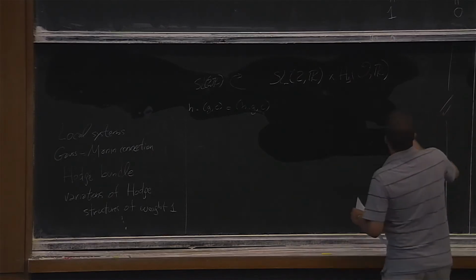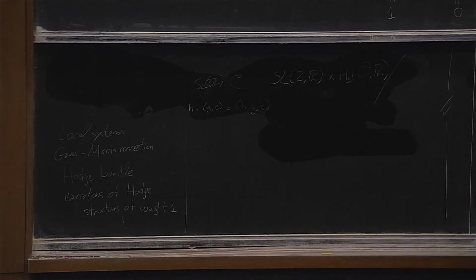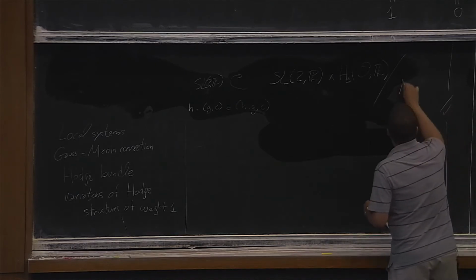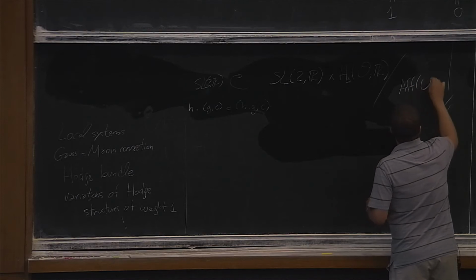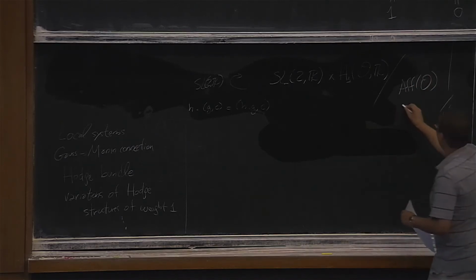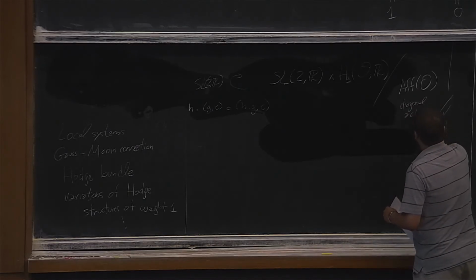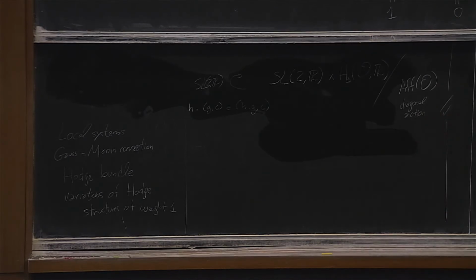And now what you do is you go to moduli space. So in other words, you take the action of the affine group of the origami on both sides. So this is the diagonal action. So what is the diagonal action?